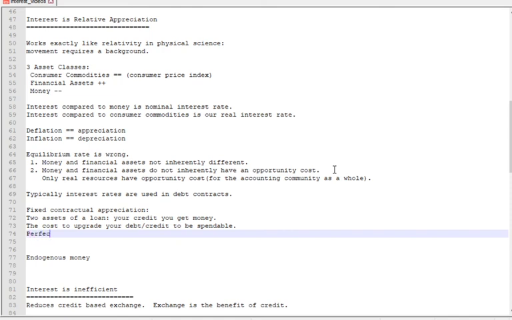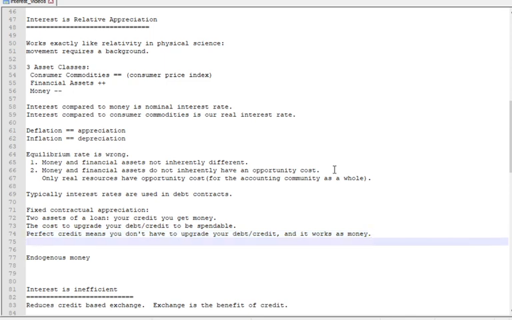Perfect credit means you don't have to upgrade your debt or credit, and it works as money. But generally, our credit and our debt is not a perfect substitute, and so we have to upgrade it, and I'll get into that more.